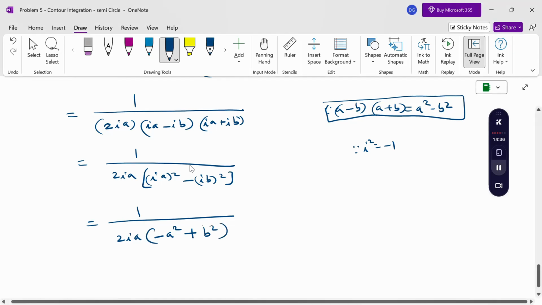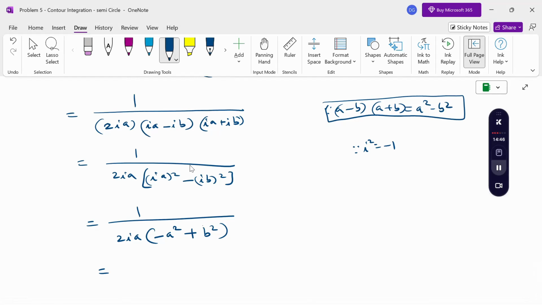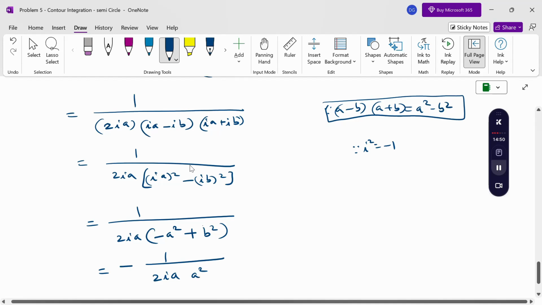Taking minus common, we get minus 1 by 2ia times (a square minus b square). This is residue 1.